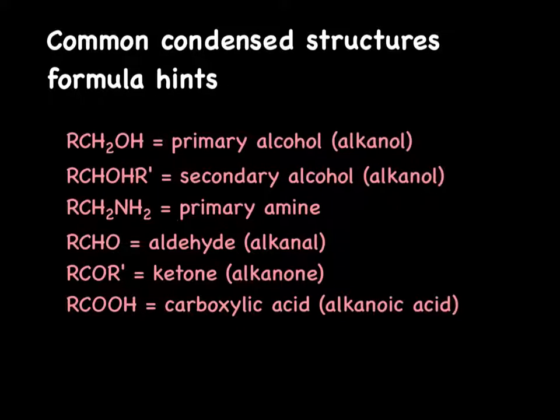Quite often the name of this will end in AL. Now, if we have the C double bond O somewhere in the middle of the chain, we tend to form a compound called a ketone. And of course, if we have both the C double bond O, the carbonyl group, and the hydroxide group on the same carbon, we have a carboxylic acid.